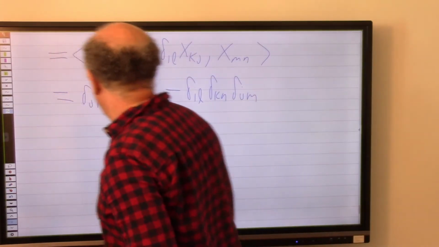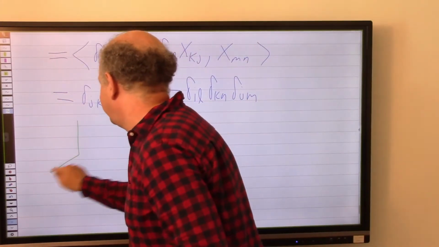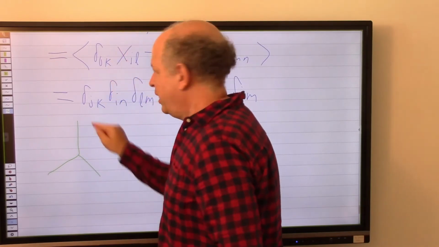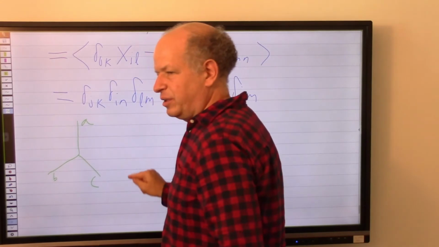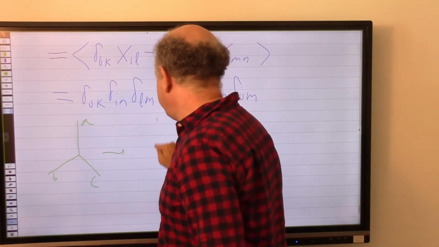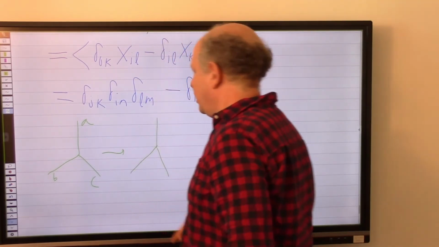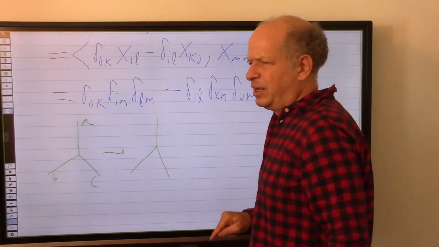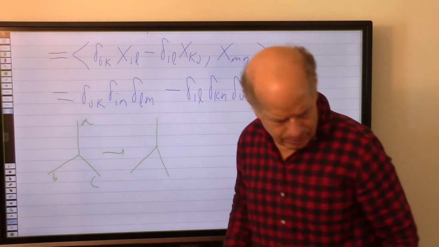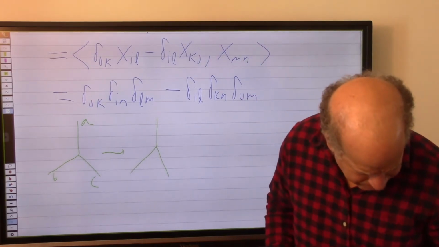So, suppose now you have a vertex, and it's labeled A, B, C. So this really means a vertex labeled, wait, did I blunder?